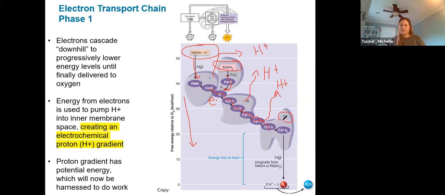Eventually we get to complex 4, and these low energy electrons are going to combine with hydrogen and oxygen to form water. So we have now established a proton gradient with potential energy. So we still haven't made any more ATP, but we're about to.